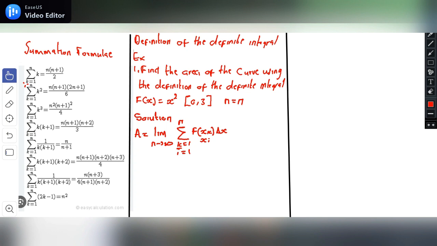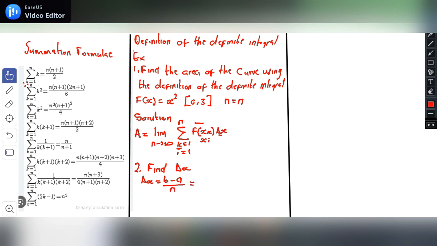So now, after writing down our formula, the second step that we have to write down is to find the delta x. So meaning we have to find delta x, which is the width. Remember, this is the width and then this is the height of the rectangle, right? So the formula of finding the width is delta x is equals to b minus a all over n, right?